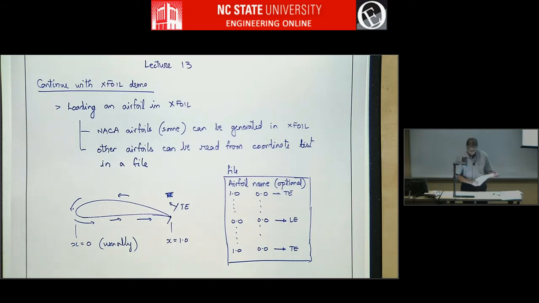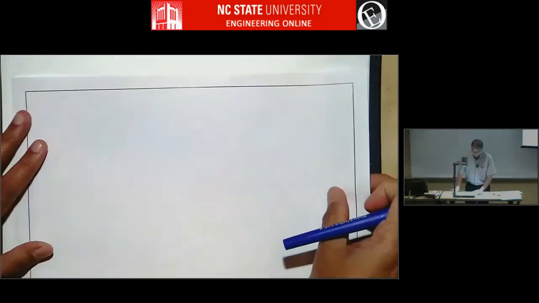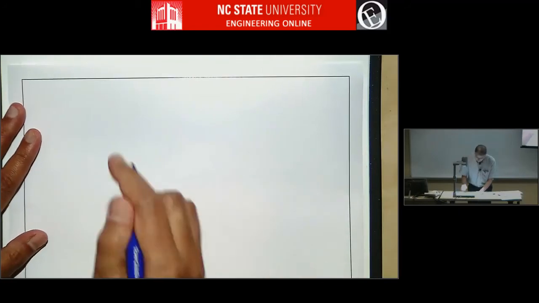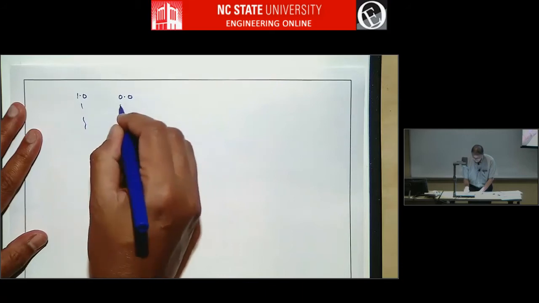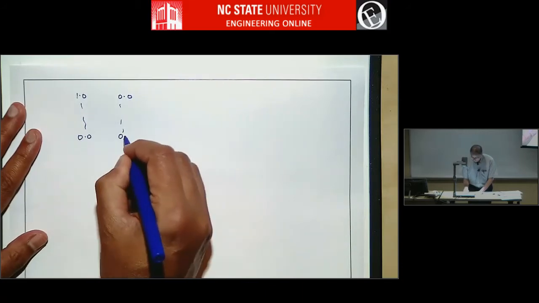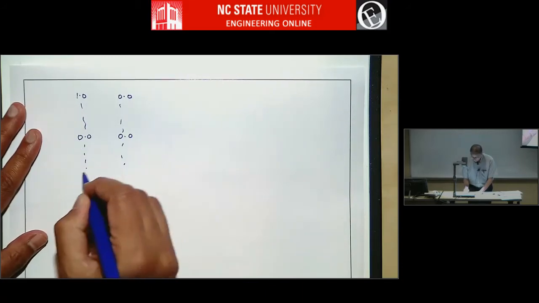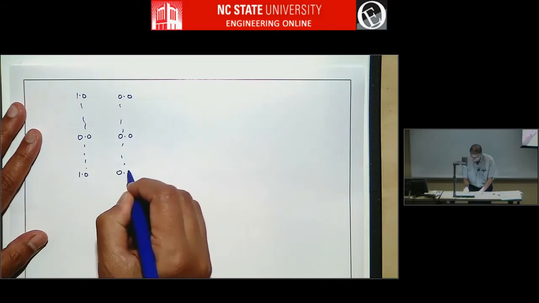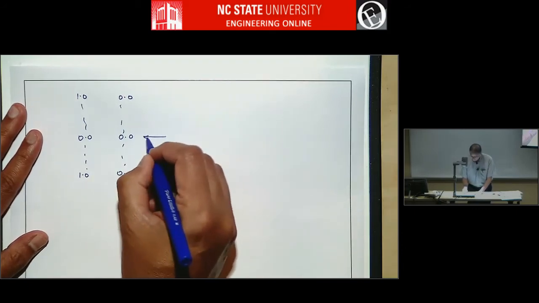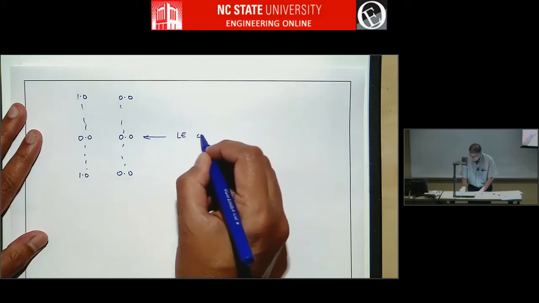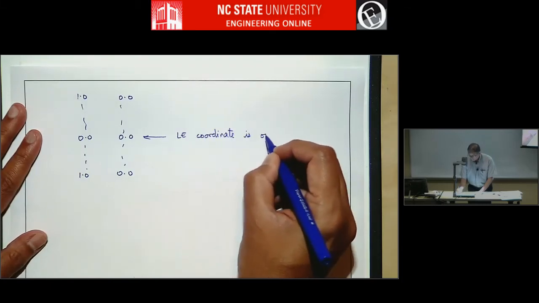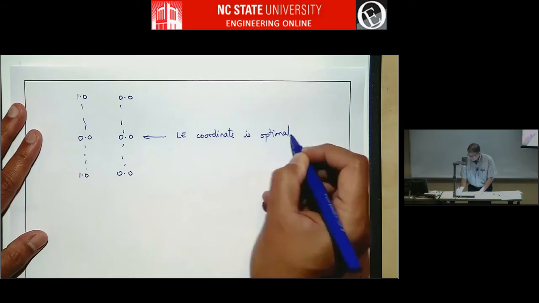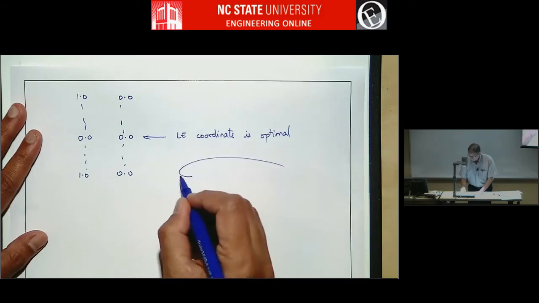So let's look at this in some more detail. You have 1, this is the trailing edge, and then you have 0, 0. That point is optional. This leading edge coordinate, often the data sets will not have that.